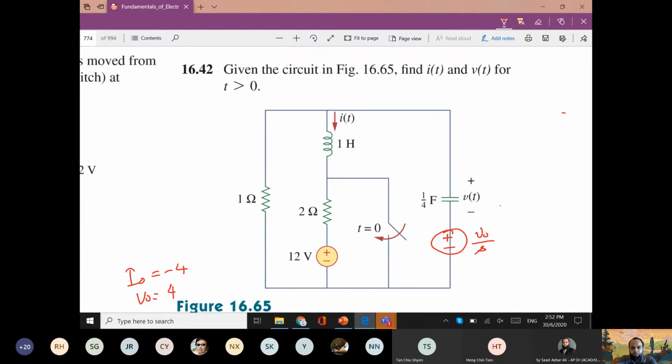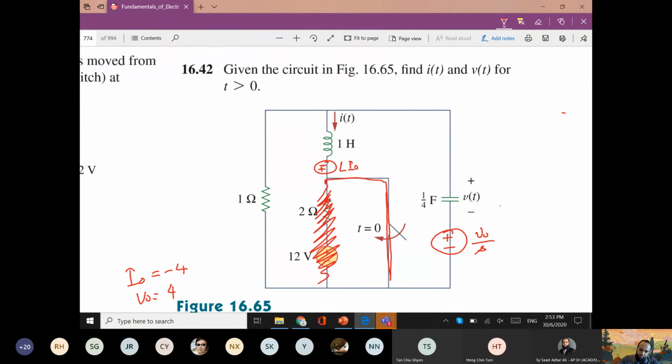A voltage source also will be negative and positive L I0. Is that okay? And of course, this is short circuit, so this branch is gone. Is it okay, everyone?